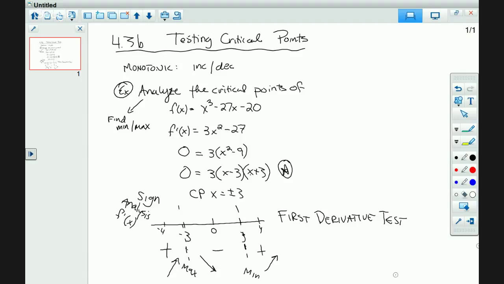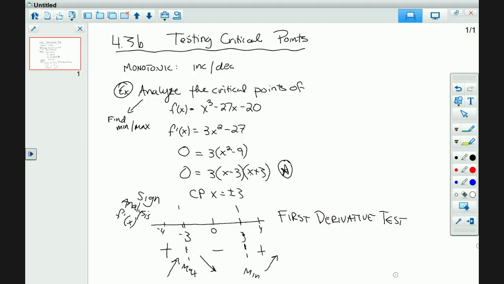If it goes from positive to negative, it's a max. And if the derivative goes from a negative to a positive, it's a min. That's all the test says. So you know how to perform the test. We'll call it a sign analysis most of the time. So that would be satisfying this question.